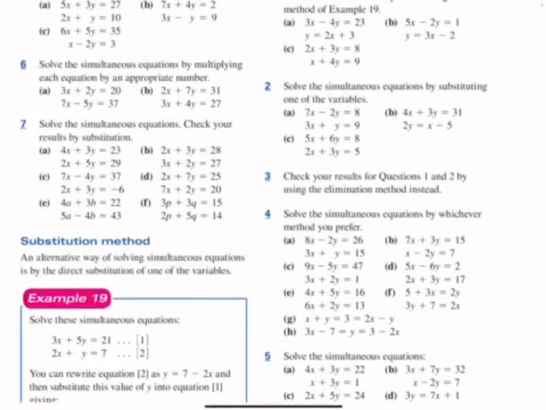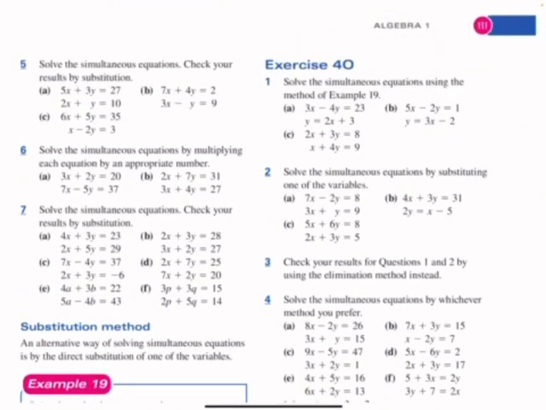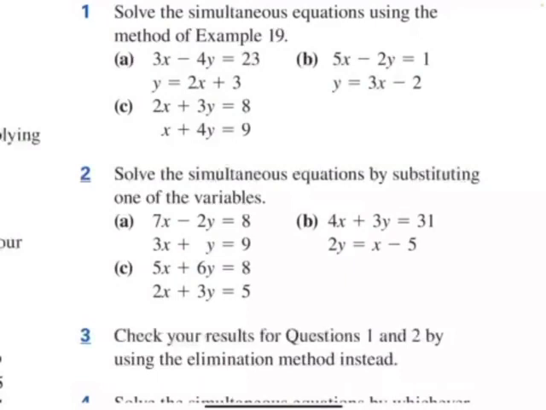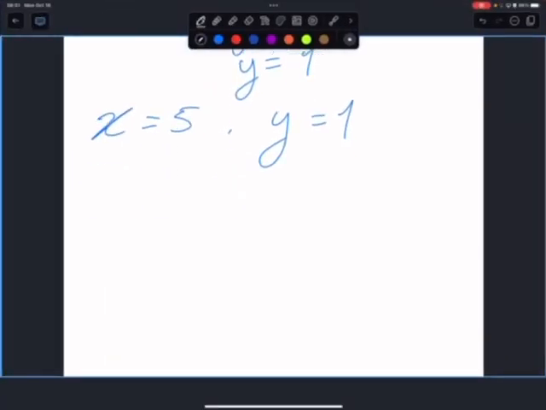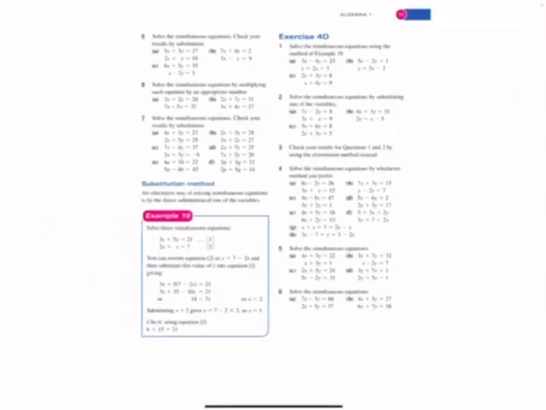The next one is called substitution. 3x minus 4y equals 23. Y equals 2x plus 3.